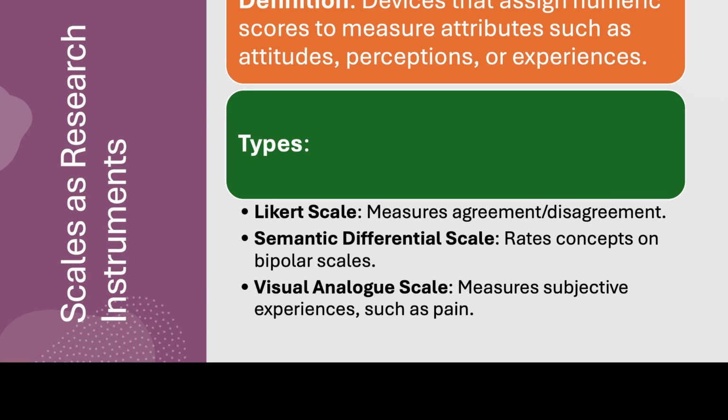Usually there are four Likert scales that measure agreement and disagreement. A very good example of which is strongly agree, agree, disagree, and strongly disagree. So that is an agreement type of Likert scale. Usually if there are four Likert scales, it decreases the number of bias because there is no middle option that your respondents can choose.